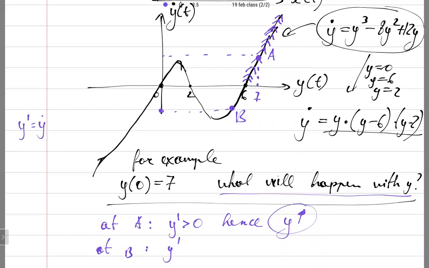In physics, it's a common tradition to write dot instead of derivative with respect to time. But as I have only one variable, t, I don't care. At point B, y prime is negative, hence y will go down. If y goes down, I'm moving left on my plot.